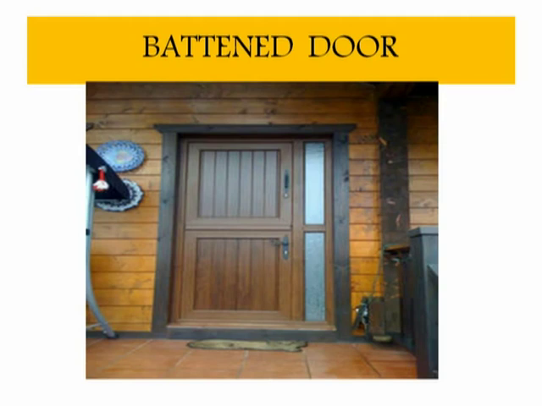All the components are seen clearly here. The frame which is connected with the wall is seen, and the shutter of the door is fixed with the frame by the hinges. So this is a picture of a battened door.